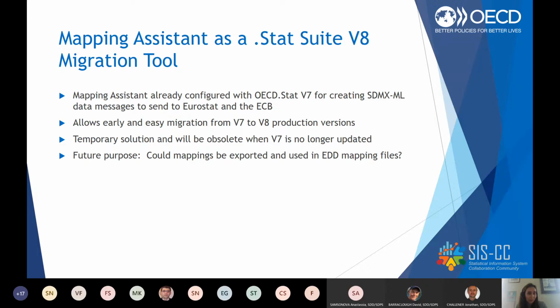We already had Mapping Assistant configured with .stat 7 for creating data messages using the national accounts global DSD to send to Eurostat and the ECB. So since this was already configured, it was a readily available tool that I could use.